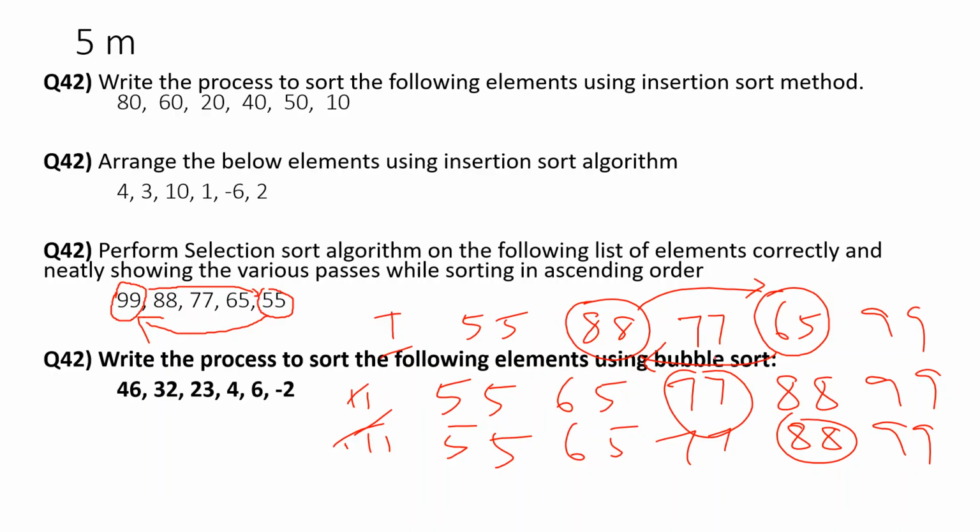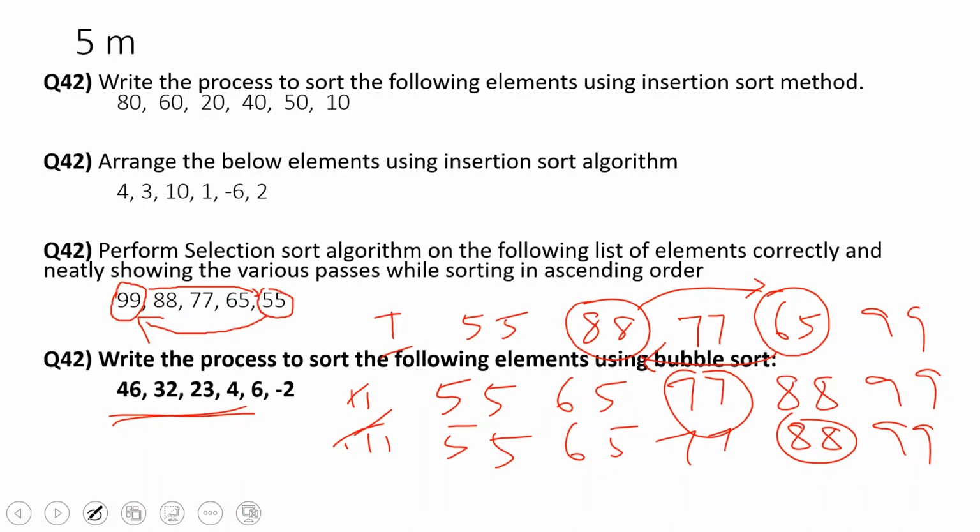Next is: write the process to sort the following elements using bubble sort. Again, in steps only, you have to sort these many elements. In the first pass, using bubble sort, it will start from 46. The bubble sort process arranges the values.